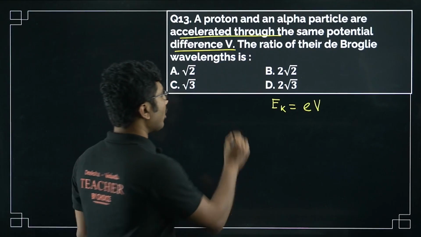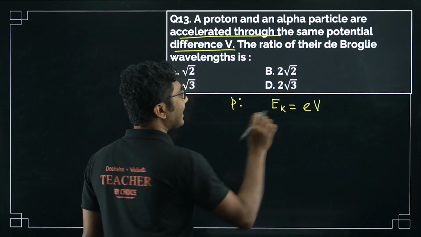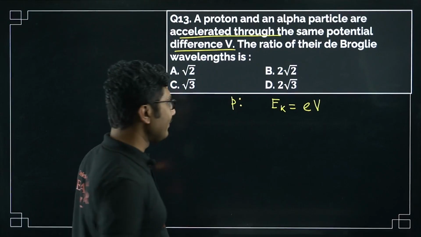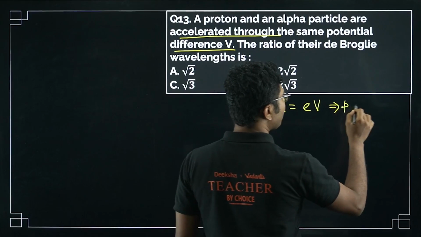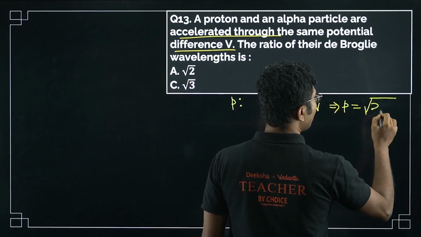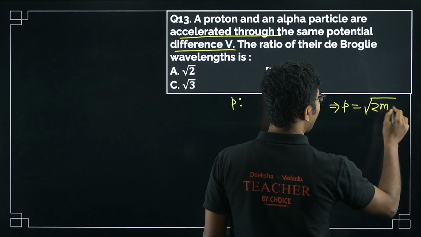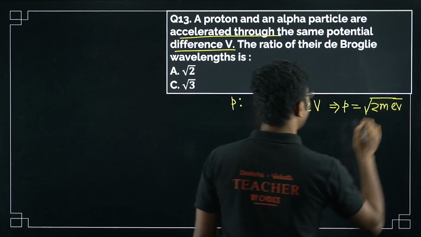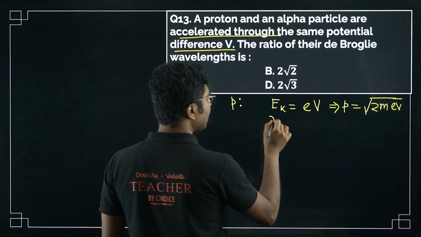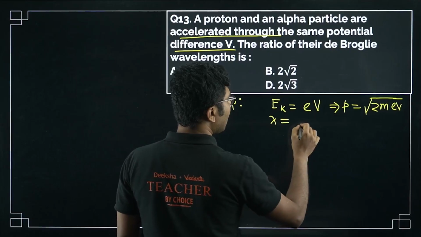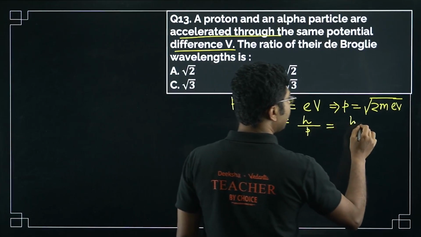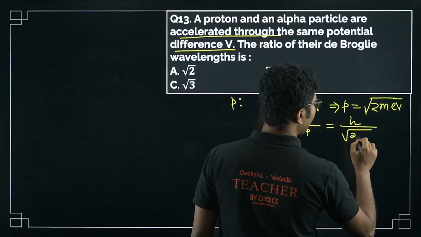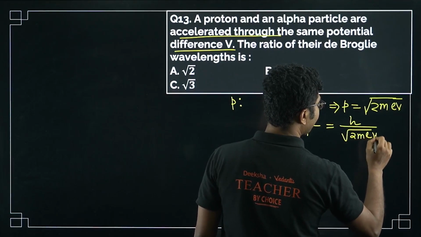So for the proton, energy gained is KE equals eV, and the corresponding momentum will be square root of 2 meV. So the corresponding wavelength will be h divided by p, which equals h divided by square root of 2 meV.